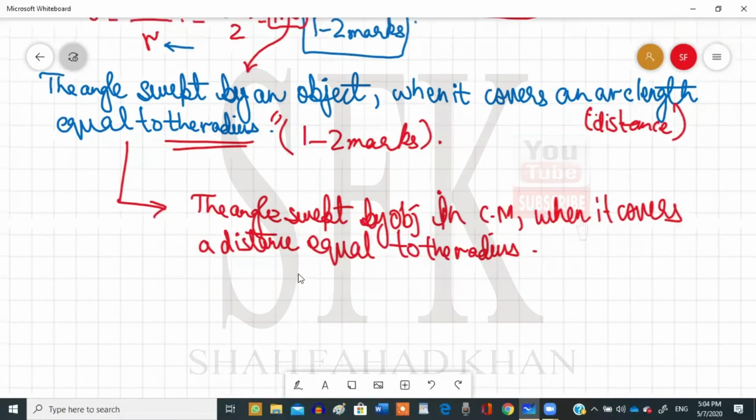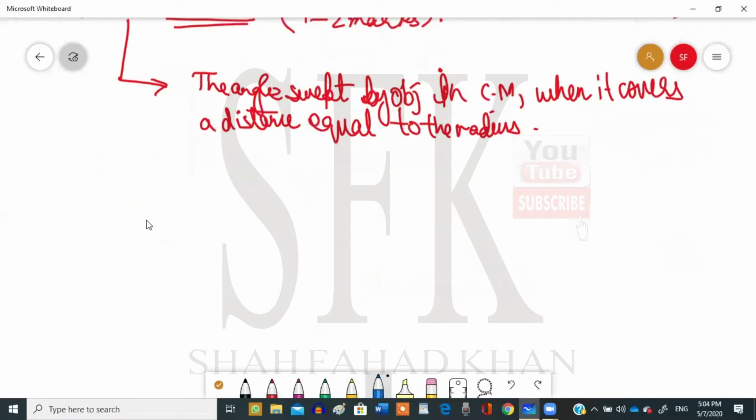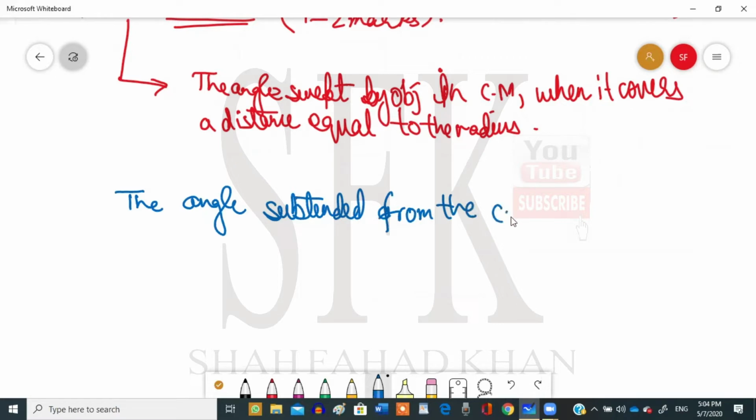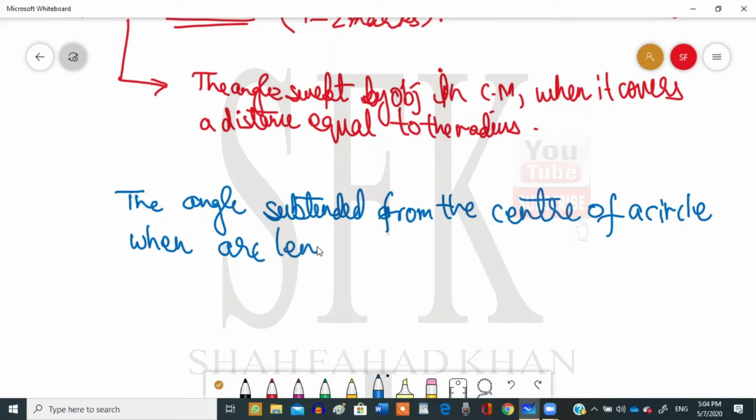That's the definition given in the past papers and the marking scheme. Or just one more definition so that you guys don't get confused when you look at different marking schemes. The angle subtended from the center of a circle when arc length is equal to the radius.